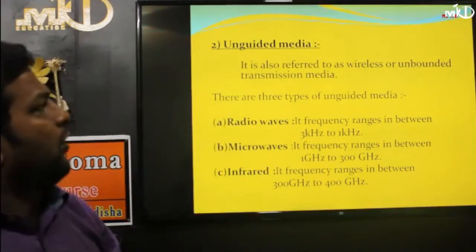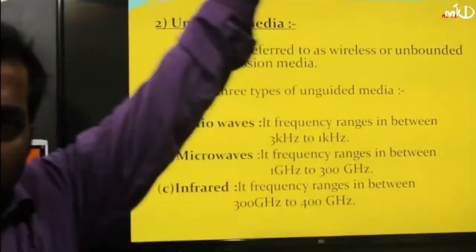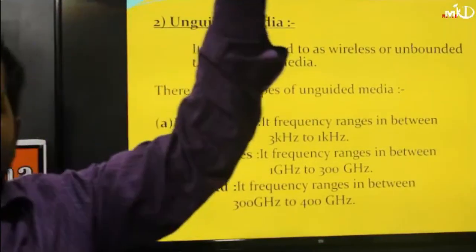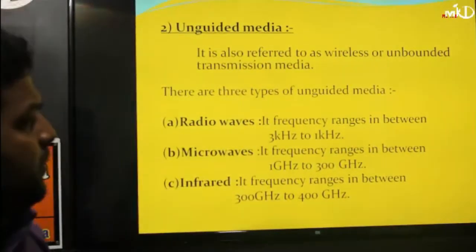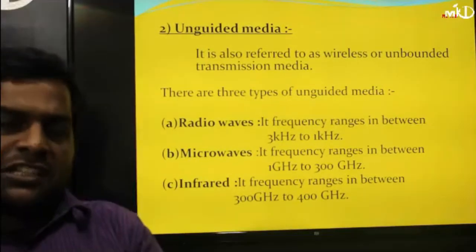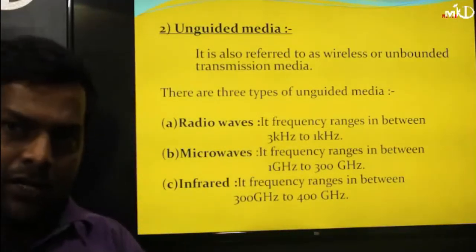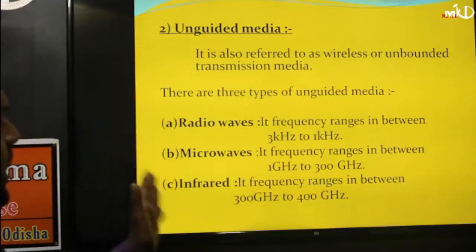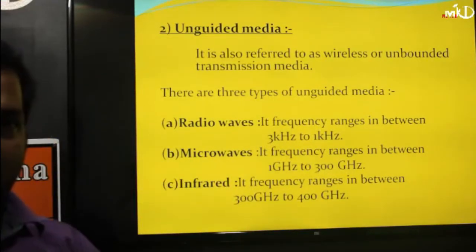Now come to the unguided media, where air is the medium. So atmosphere, ozonosphere, like that, it is categorized sphere-wise. Radio waves, if the frequency range is 3 kHz to 1 GHz, come under the radio waves category. If the frequency range is 1 GHz to 300 GHz, that is the microwave category.